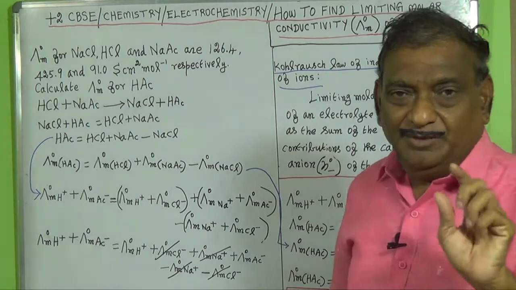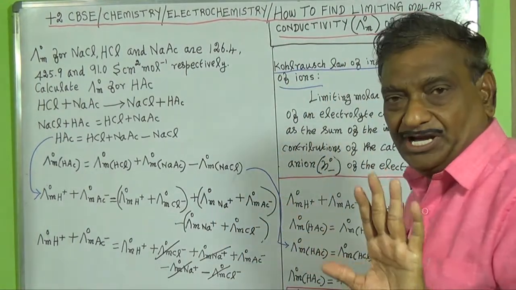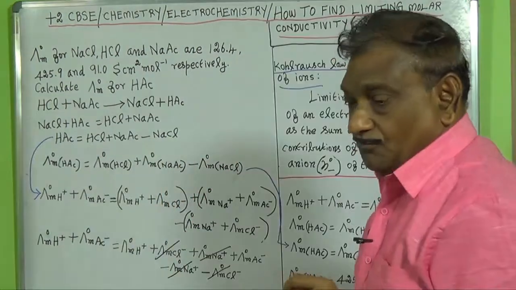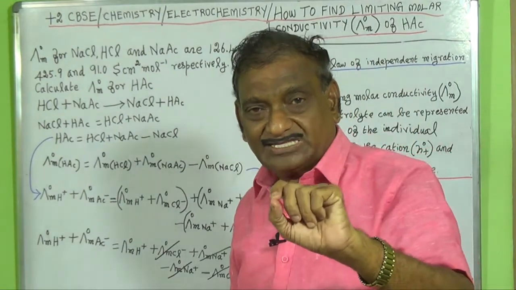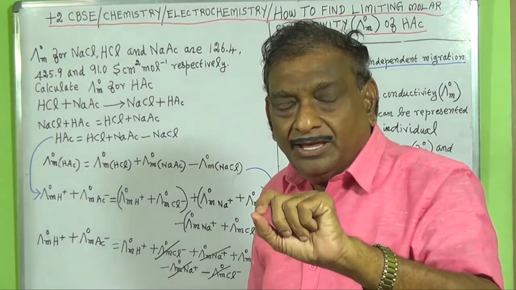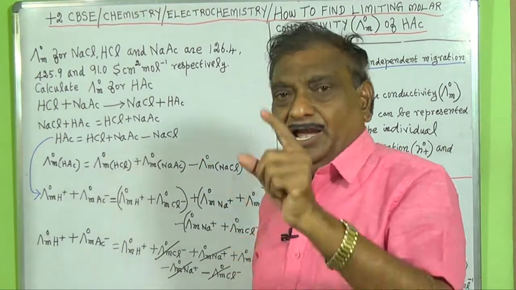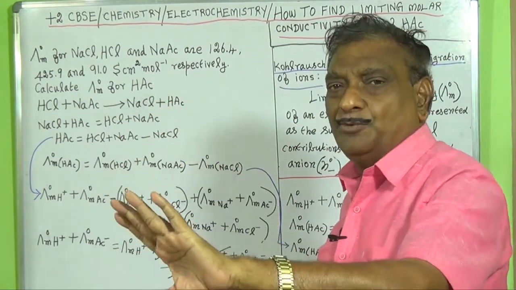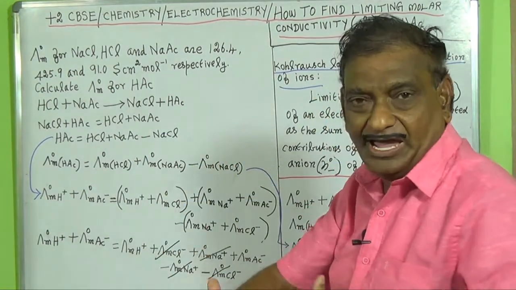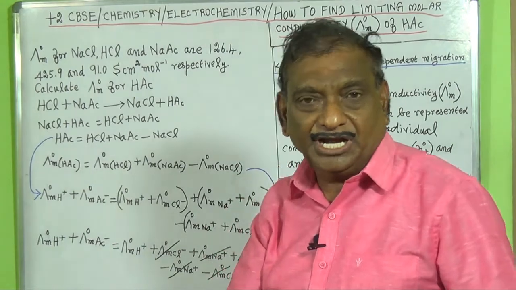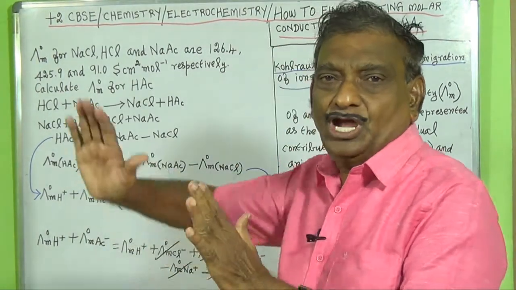What will we get from the limiting molar conductivity of H plus and Ac minus? We will get the limiting molar conductivity of hydrogen acetate. We have to find the limiting molar conductivity of hydrogen acetate as asked in the question.